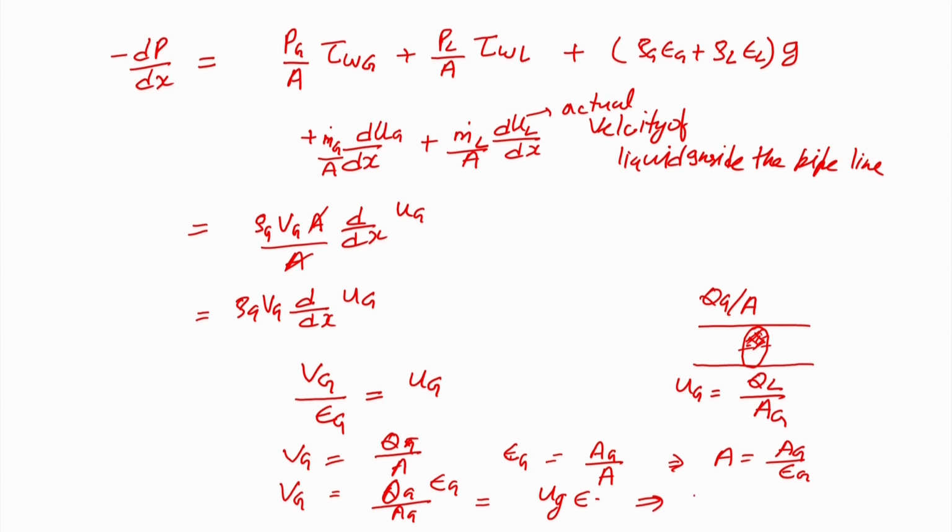So you can write Ug as nothing but Vg upon epsilon g. By using that, I can change this differential and write it as rho g into Vg d by dx, and instead of Ug I can write Vg upon epsilon g.